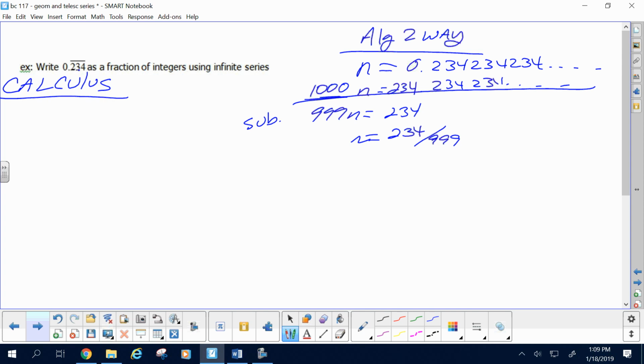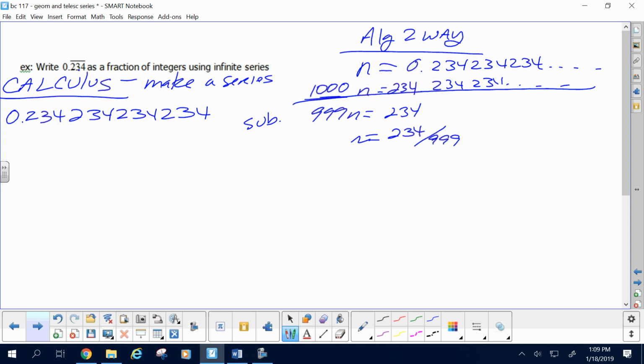Okay, now if you do this in a calculus way, then you're going to make it a series. Break it up into every 234 separately. Actually, let's write it. It helps to write it expanded first, so we have that to look at. So write me a couple 234s. I wrote a few. Right?